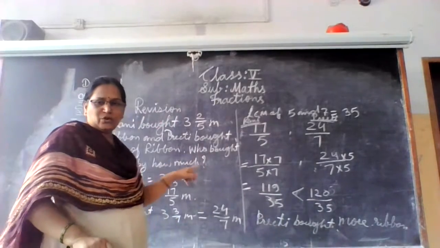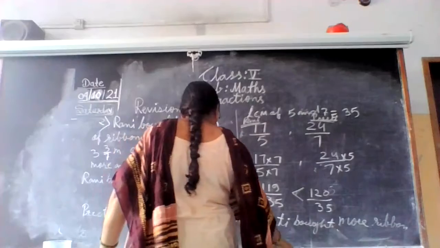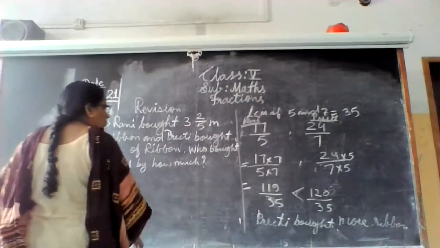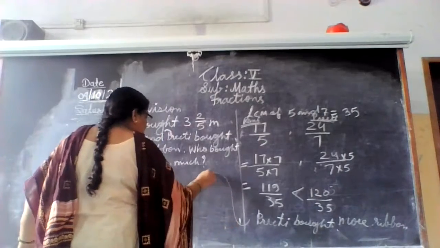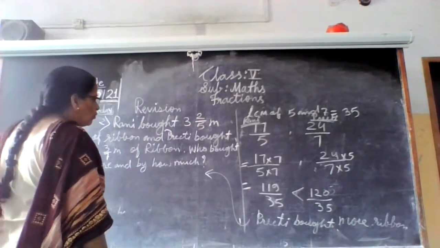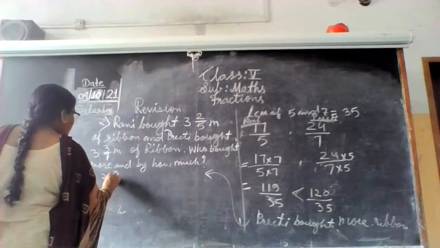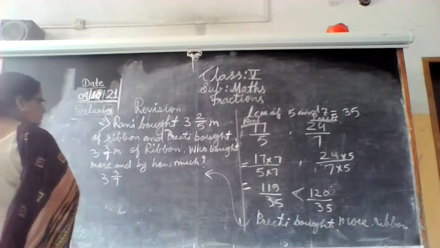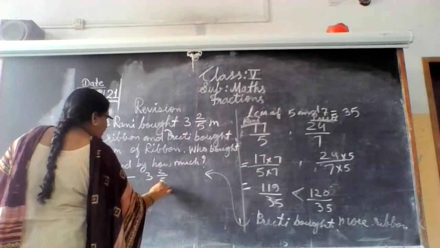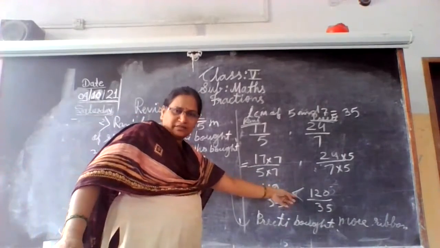Now second question. By how much? So by how much you have to subtract. So let's subtract. Now Preeti got more. Means Preeti's fraction is 3 integer 3 upon 7 minus 3 integer 2 upon 5. Or directly we can take this.